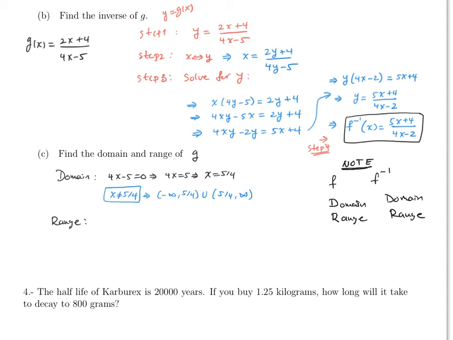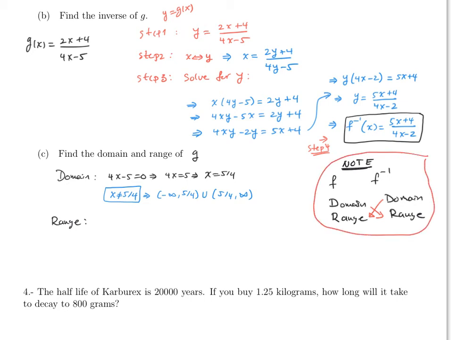Now this is only true for the functions that have an inverse. The domain of the function is the range of the inverse, and the domain of the inverse is the range of the function. Okay, so this is very important.